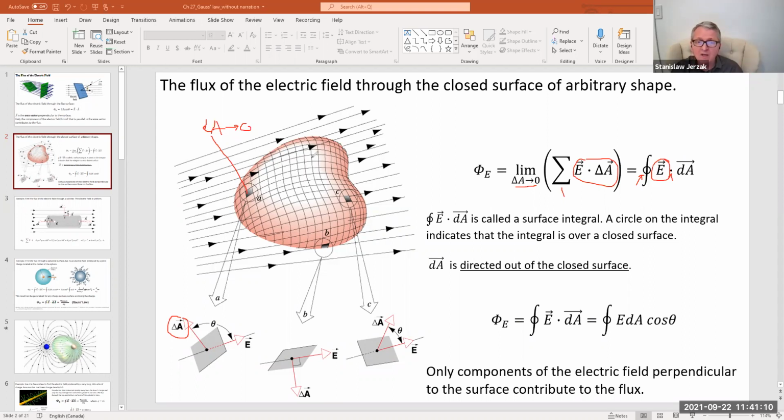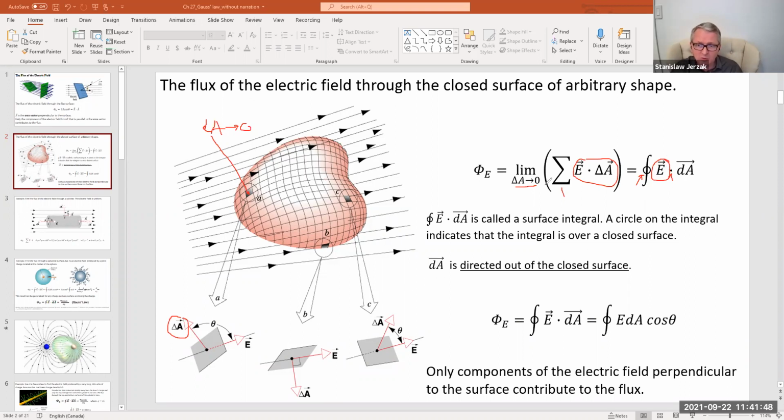And as you see from this visualization, the electric field at every point of that closed surface will have a different magnitude and different direction. So we have to take into account the dot product: what is the magnitude of the electric field and what is the angle of the electric field at that particular point on the surface with that area vector dA. So these are complicated integrals to evaluate.